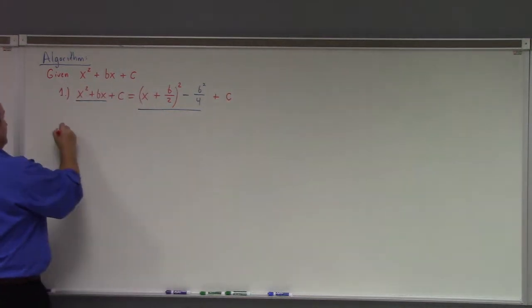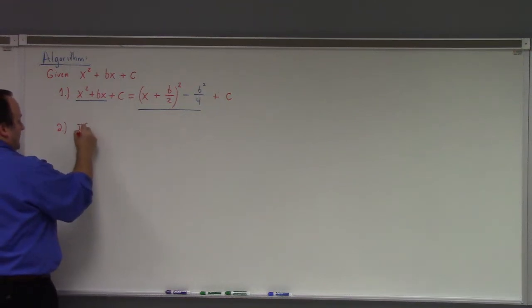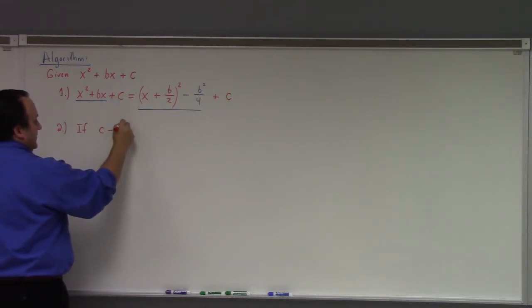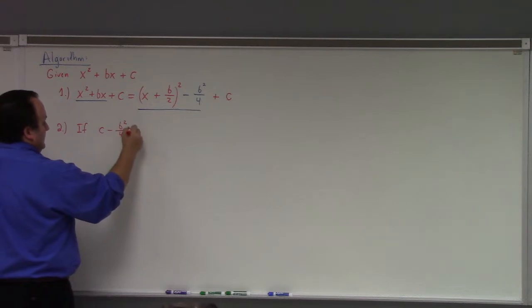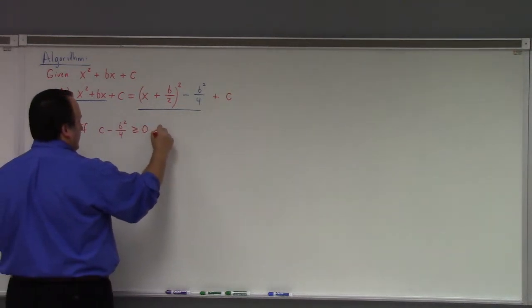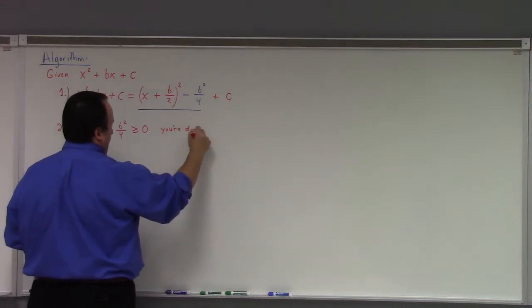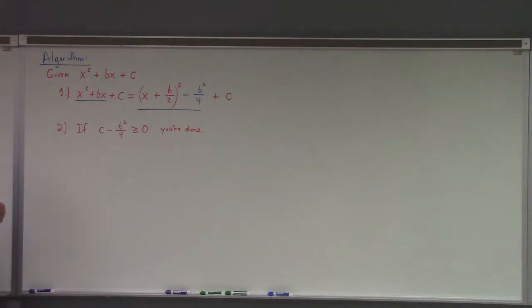And then step 2 is there's two things. If c minus b squared over 4 is greater than or equal to 0, you're done. You're done, in the sense that either it's a prime polynomial or it's just a squared thing.